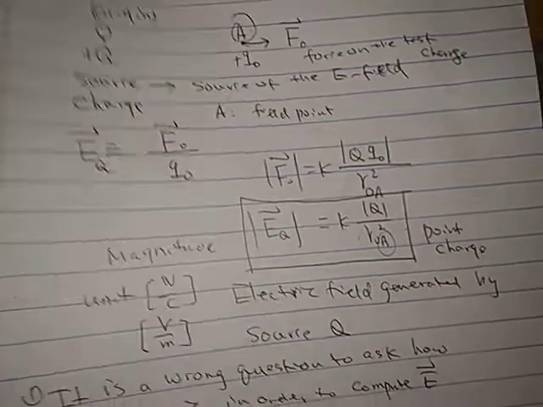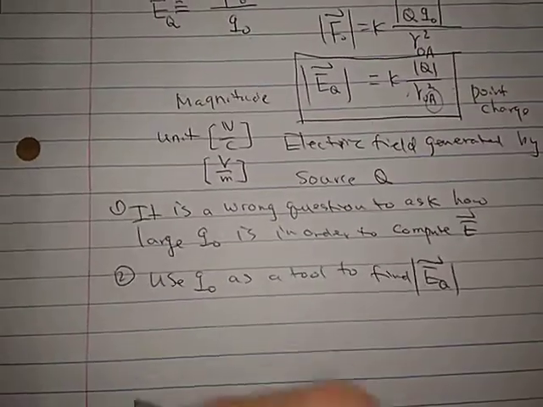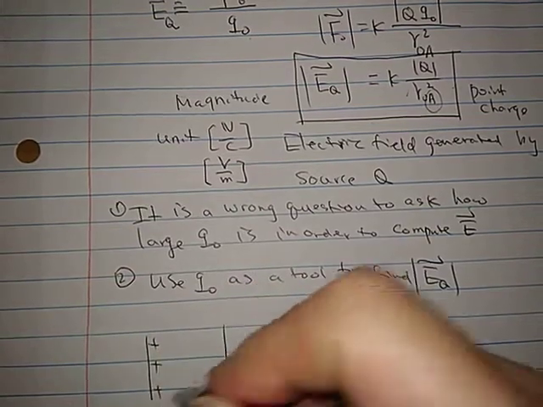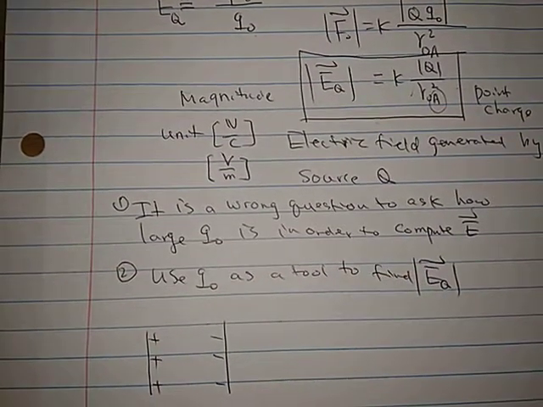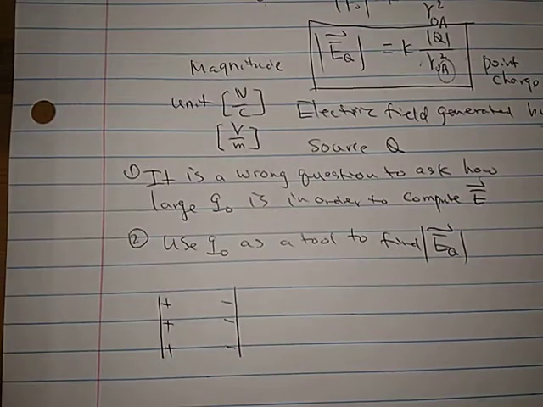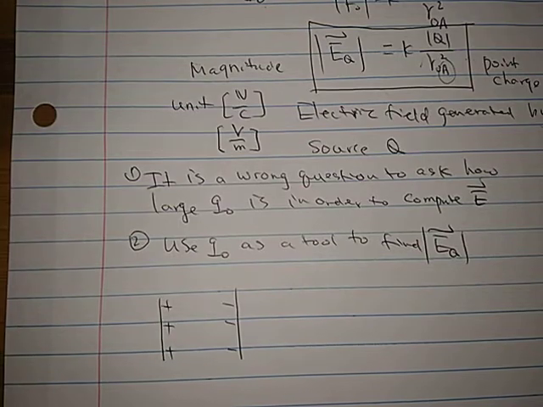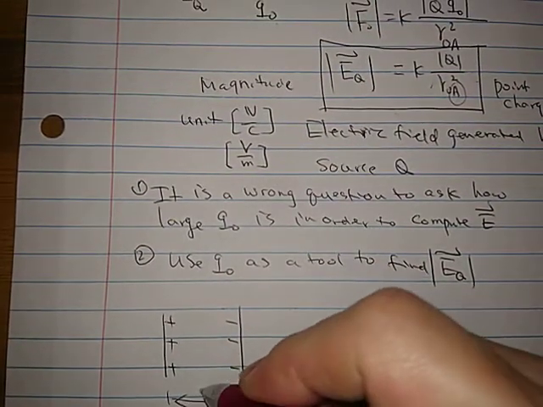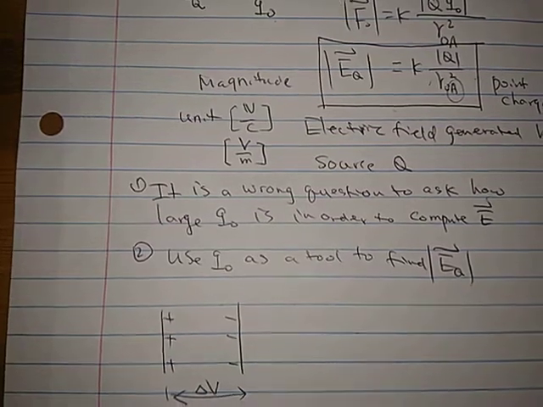You may wonder what happens if I do not have a point charge. Suppose I have a parallel plate, positive, positive, positive, negative, negative, negative, like this. How do we find an electric field in these kinds of situations? In the experiment, you really need to find this as well. What we do is the following. We first measure the voltage, which the next chapter talks about, how large the voltage is.